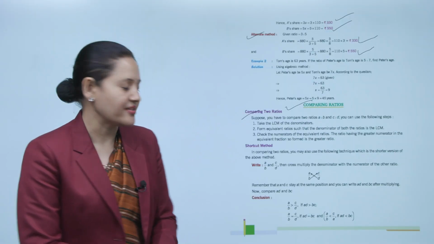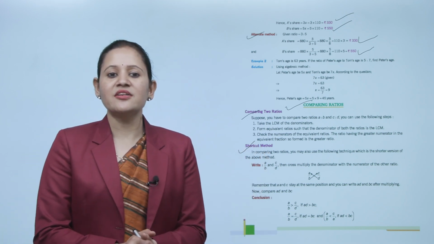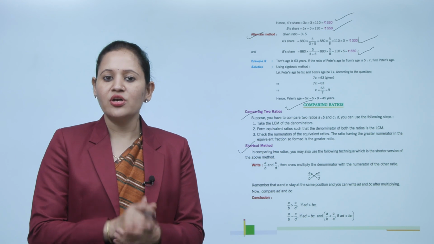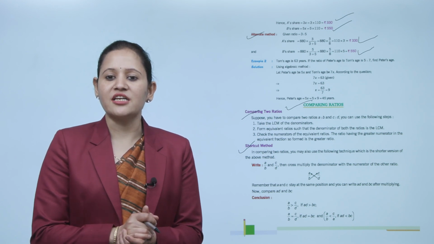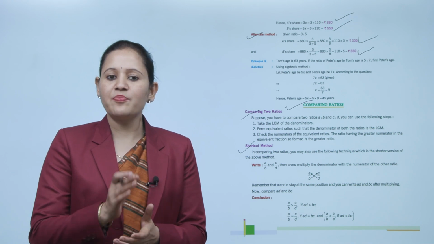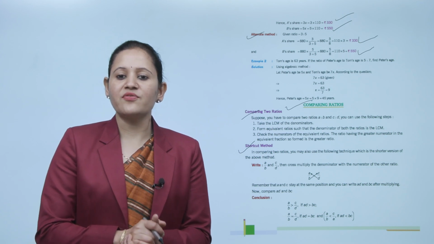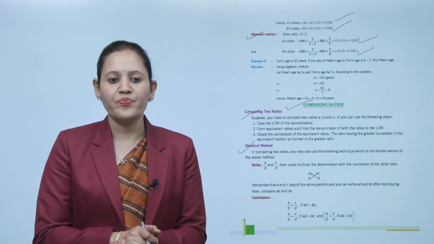Next is the shortcut method. In comparing two ratios, you may also use the following technique, which is the shortest version of the above method. Write A upon B and C upon D, then cross multiply the denominator with the numerator of the other ratio.